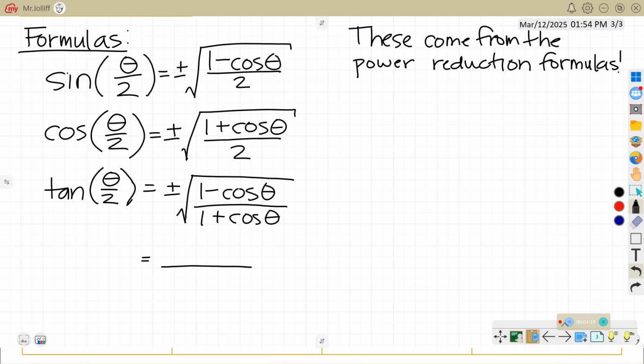The first is sine theta over 1 plus cos theta. Or we could also have 1 minus cos theta over sine theta.